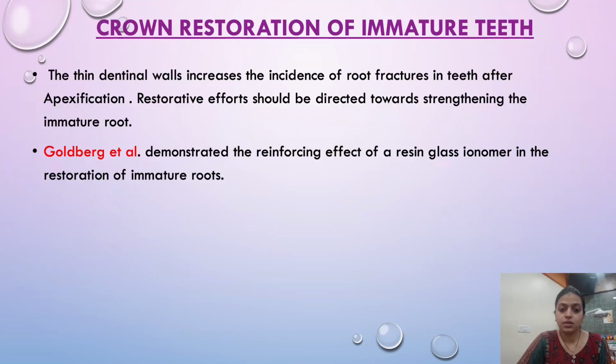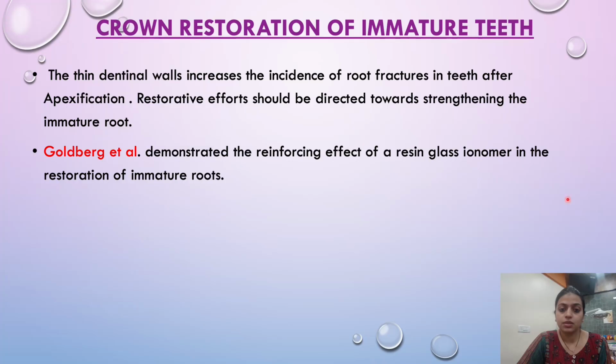Then crown restoration for immature teeth. The thin dentinal wall increases the incidence of root fractures in teeth after apexification. So restorative efforts have to be directed towards strengthening the immature root. A number of studies have demonstrated that newer dentine bonding techniques can significantly increase the fracture resistance of such teeth.